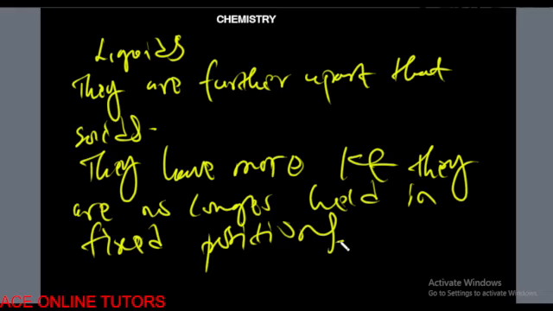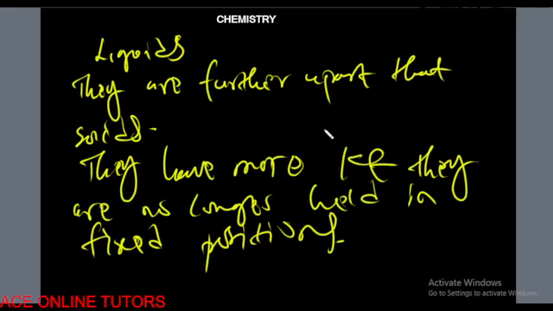It's not that solids don't have kinetic energy, they have, but the kind of resistance that they are facing is higher than what liquid particles are facing. So liquids have higher kinetic energy, and also as a result of their low cohesive force, it is very easy for them to move about. So they are not held in fixed position.